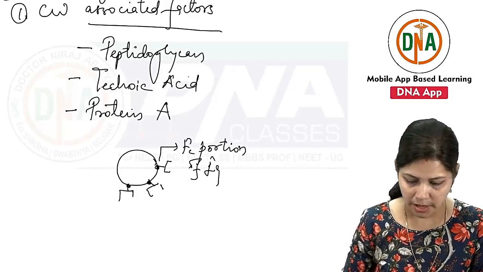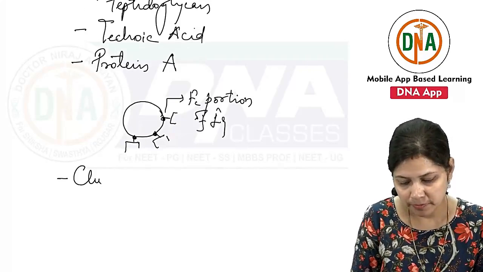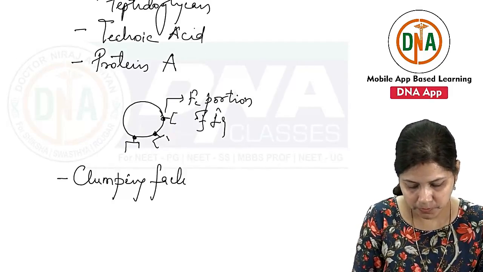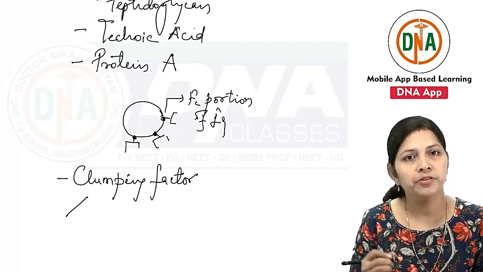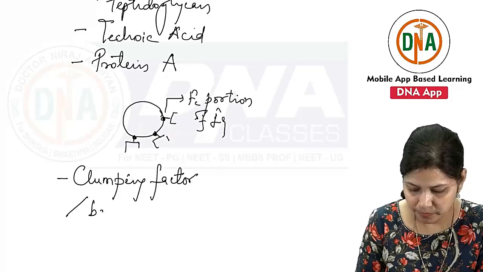Okay, then we have the clumping factor, which is responsible for giving the slide coagulase, which is the bound coagulase.